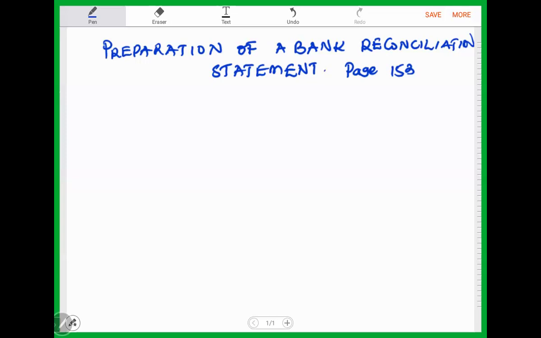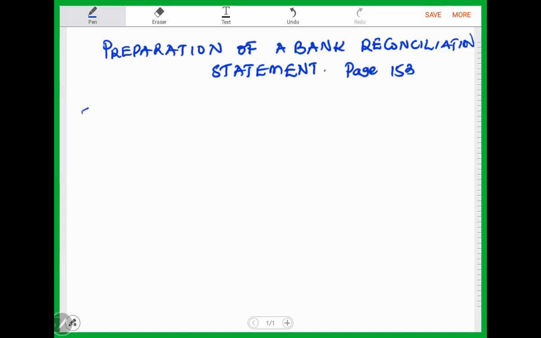This is how these two look like. I just want to make an illustration for people to appreciate and see that we are supposed to debit and credit here and there for us to come up with a reconciled statement.